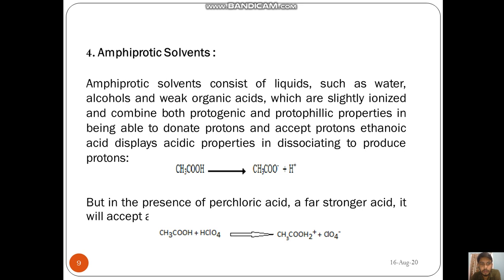Here you can see the reaction giving a proton, but in the presence of perchloric acid, as a stronger acid, it will accept a proton.